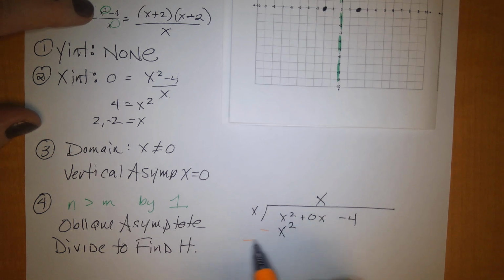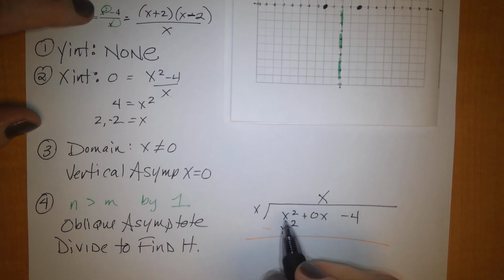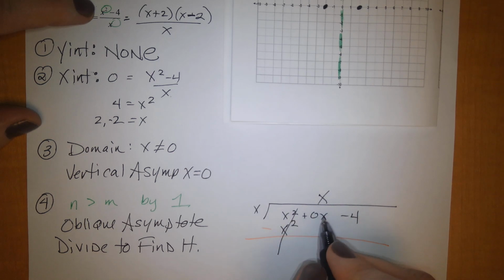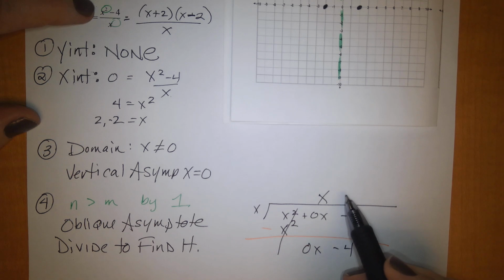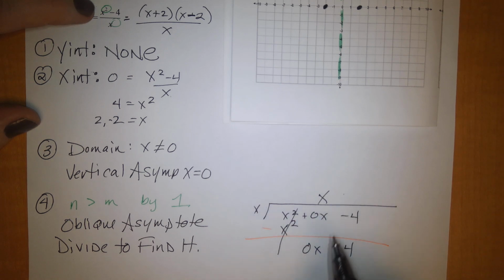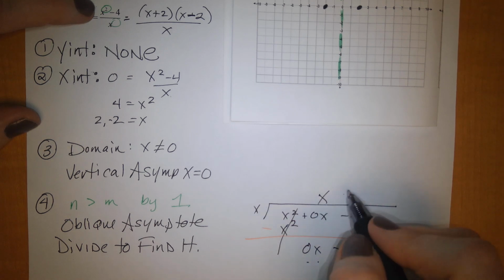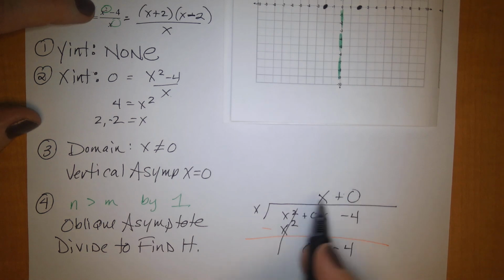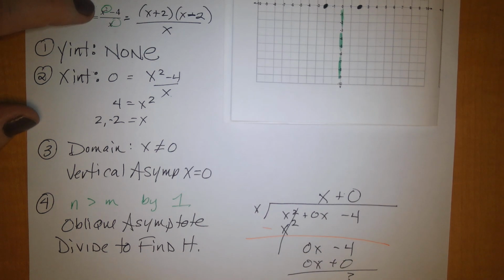I do my subtraction, and I find those are gone. And then you bring down the 0x minus 4. What times x will bring me to 0x? Well, clearly, 0. 0 times 0x is 0x. And then I don't care about the remainder.